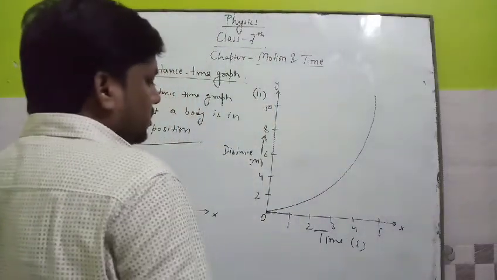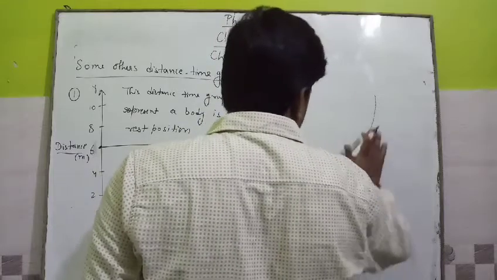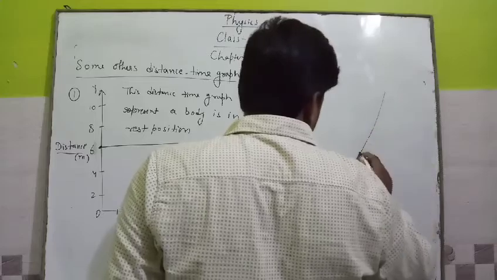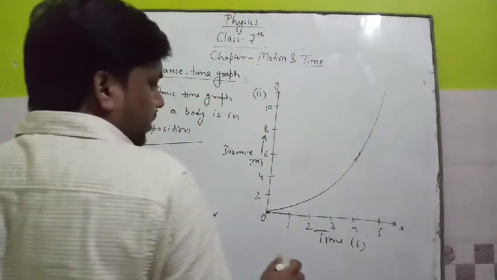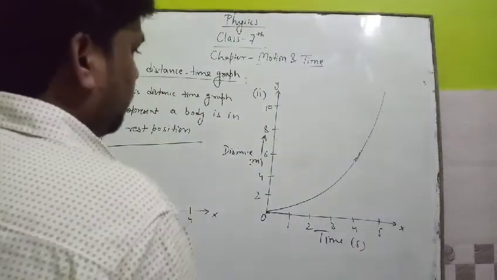What does this graph show? This graph shows that time is increasing, but after some moment, as you increase the time, the distance is increasing fast.